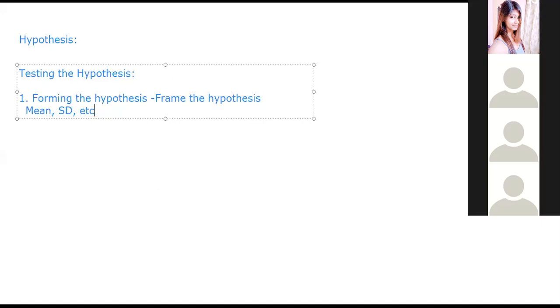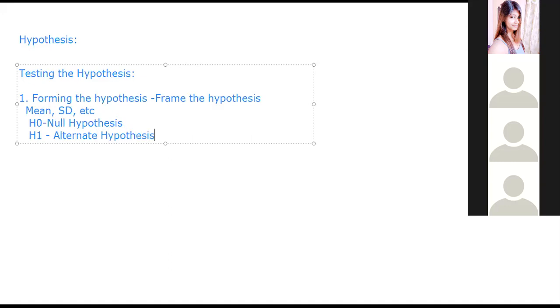Now, how do I write this? I use the term H naught. Basically, H naught is equal to the null hypothesis, and H1 is what I call the alternate hypothesis.